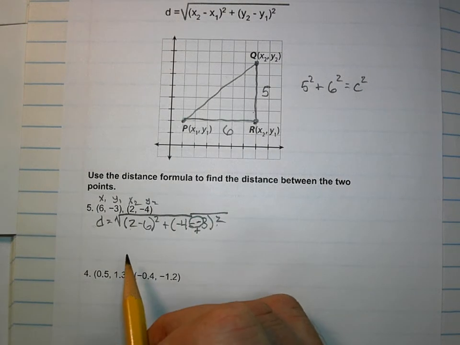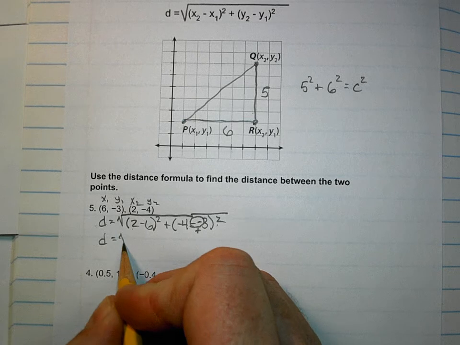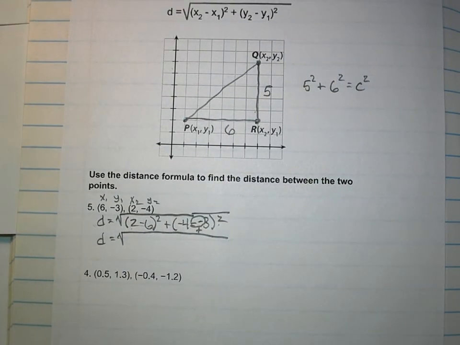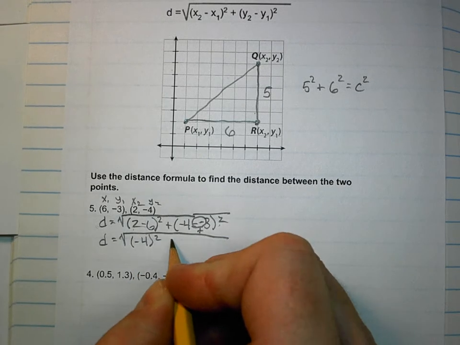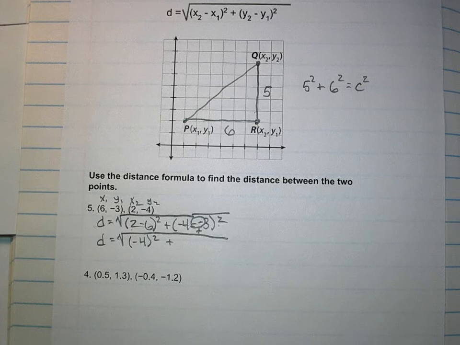Really, if you think about this, what I'm really looking at is the square root, what's 2 minus 6? -4, squared. Plus, what's -4 plus 3? How about if you do the math instead of blurting answers?